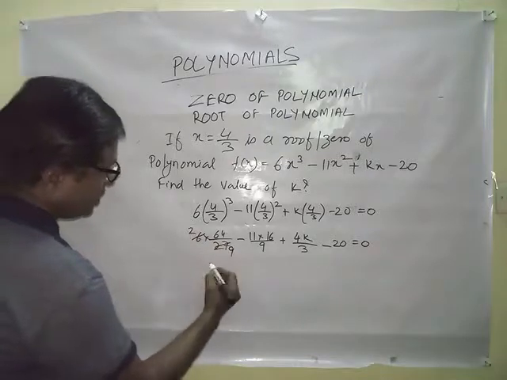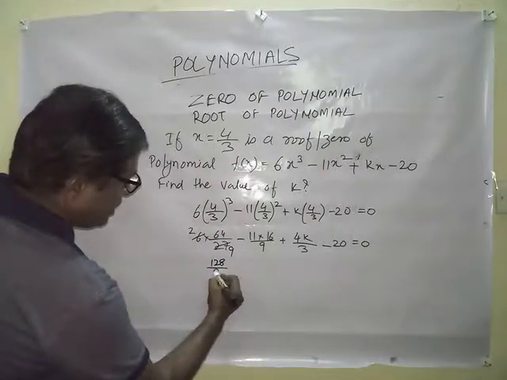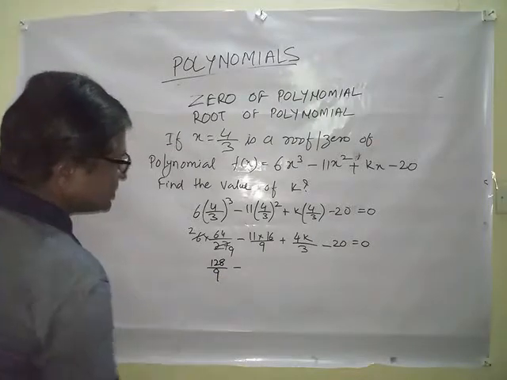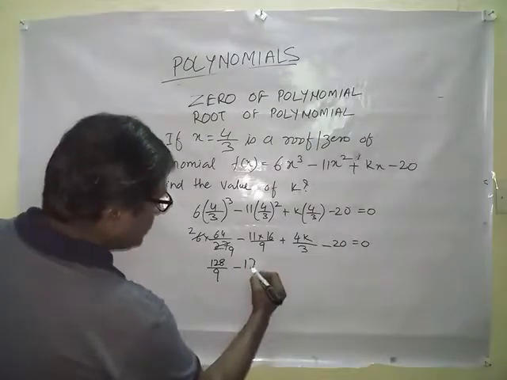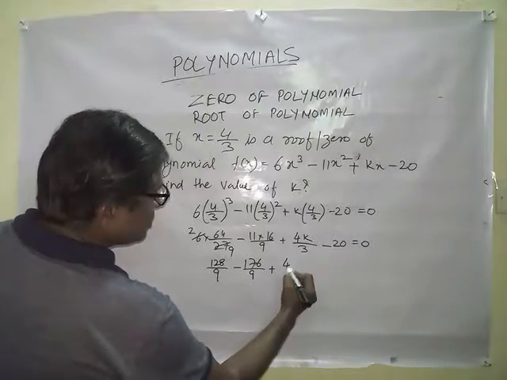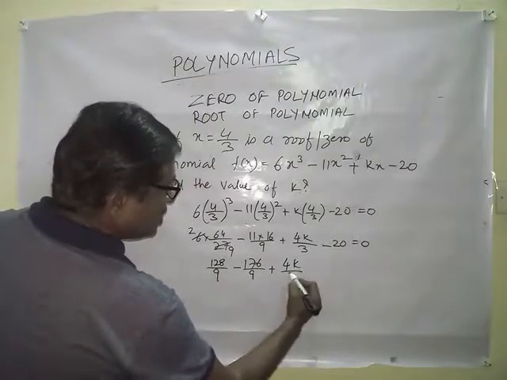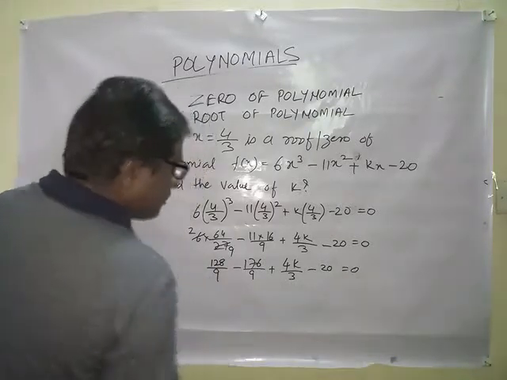So 64 multiplied by 2 is 128 upon 9, minus 11 multiplied by 16 is 176 upon 9, plus 4k upon 3 minus 20 equal to 0.